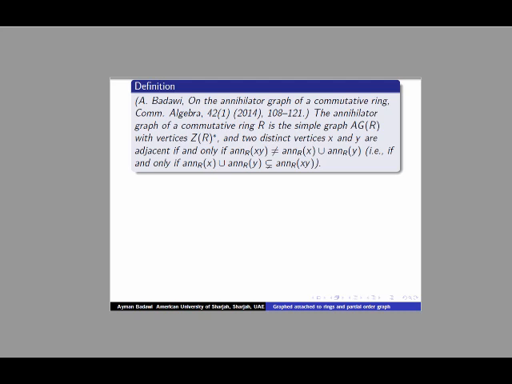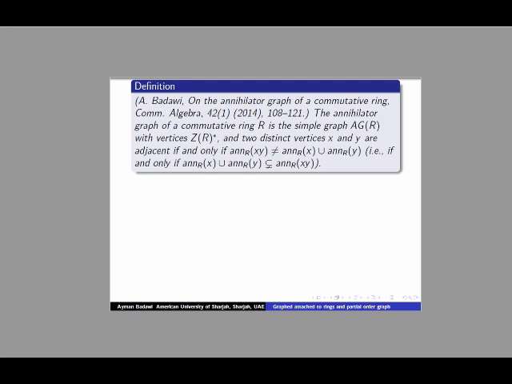Okay, I'm going to talk about the annihilator graph that was introduced by Ayman Badawi in 2014. And I'm going to talk about the annihilator graph and how this graph is connected with the zero divisor graph. So here is the definition.